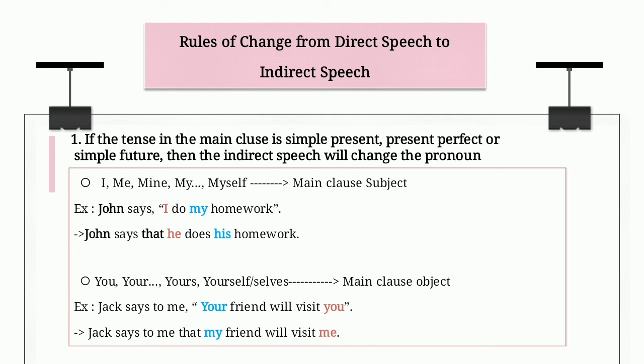In indirect sentence, it becomes Jack says to me that my friend will visit me. The pronoun your becomes my, and the pronoun you becomes me in the indirect sentence.